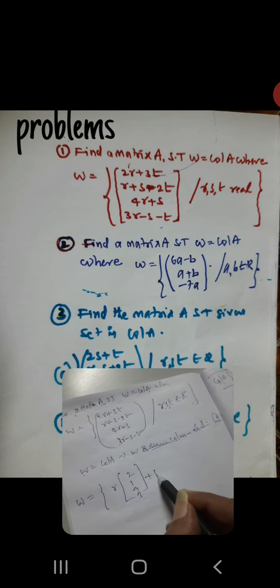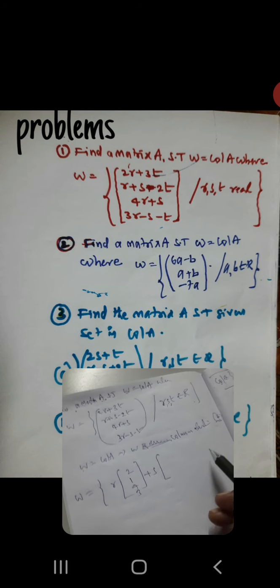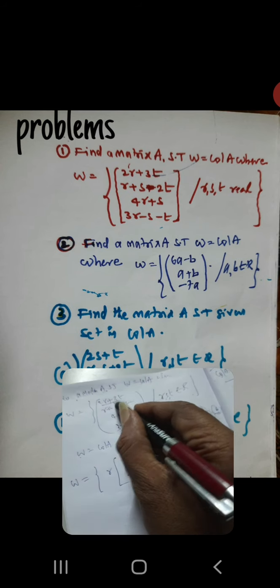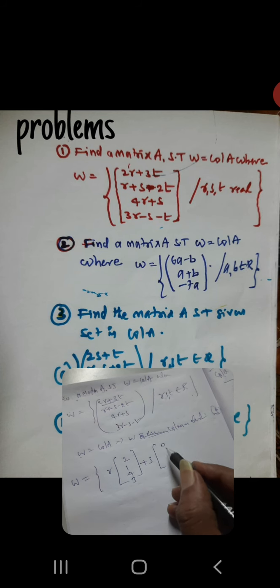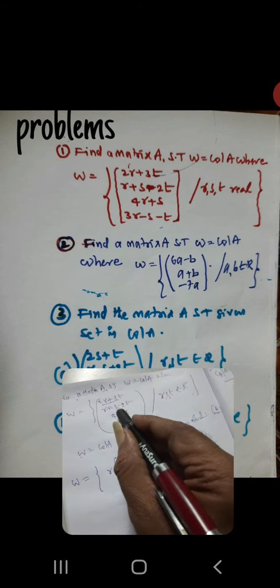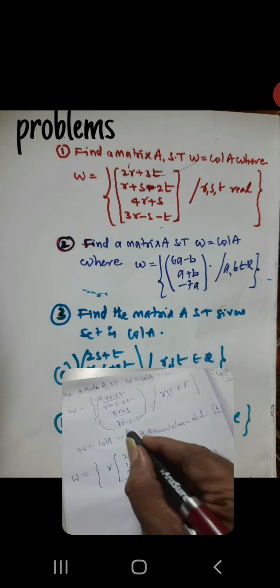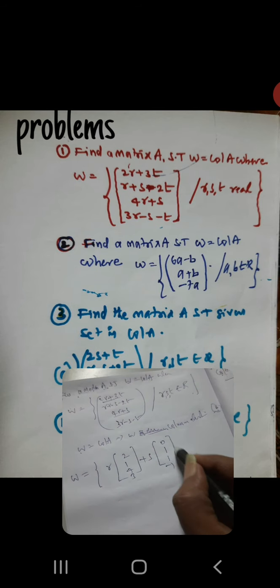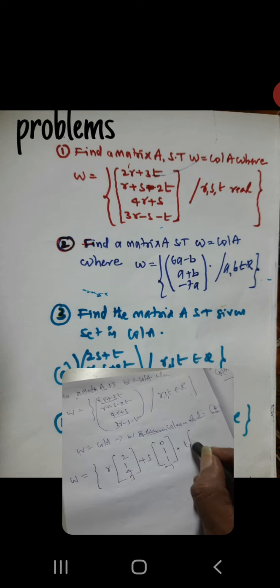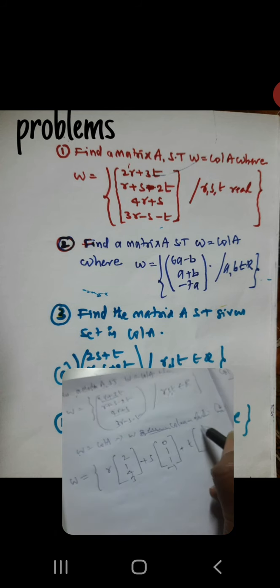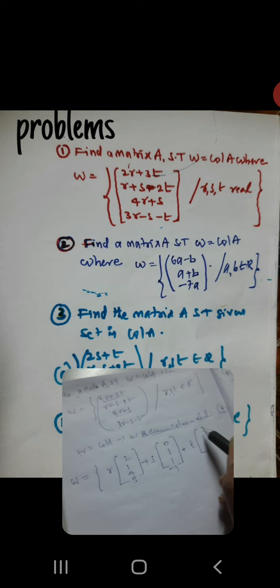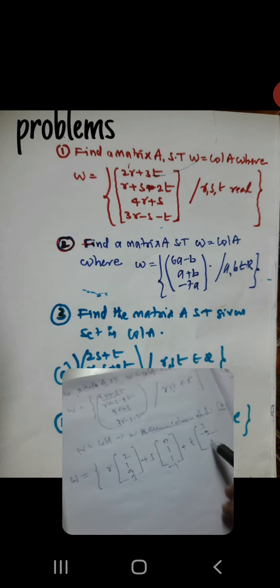Now plus S: here no S, this is 0; here S is 1, here S is 1, here S is minus 1. Here T is common, and here 3 and minus 2, here no T, 0, here T is minus 1.